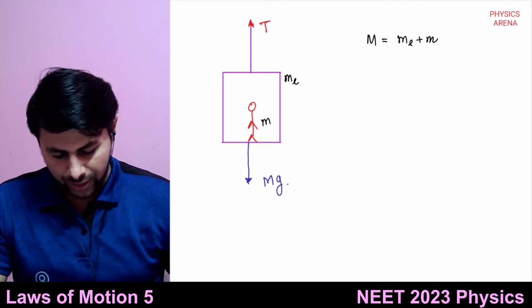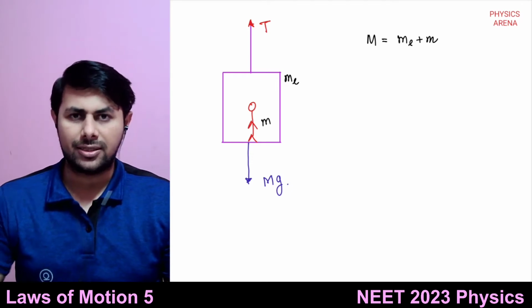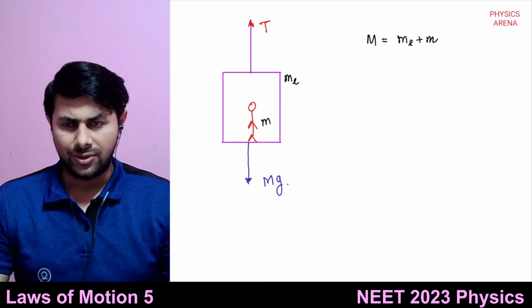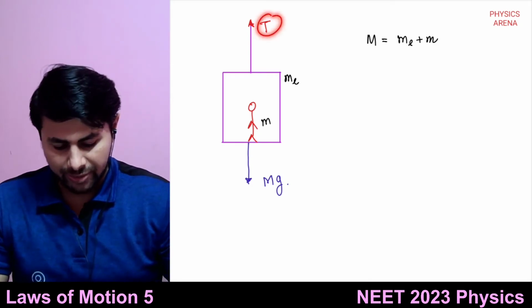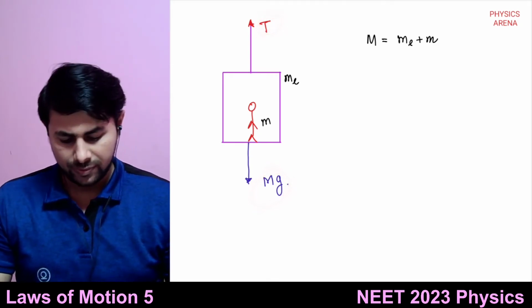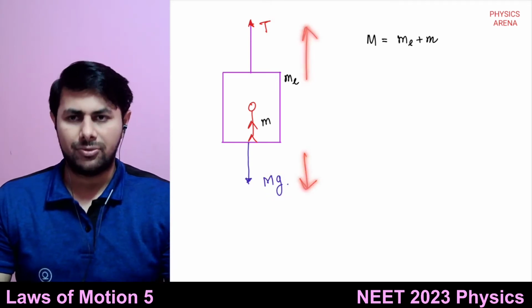Now this lift can accelerate upwards or downwards, or it can go steadily. In that case, T will be equal to M times g.